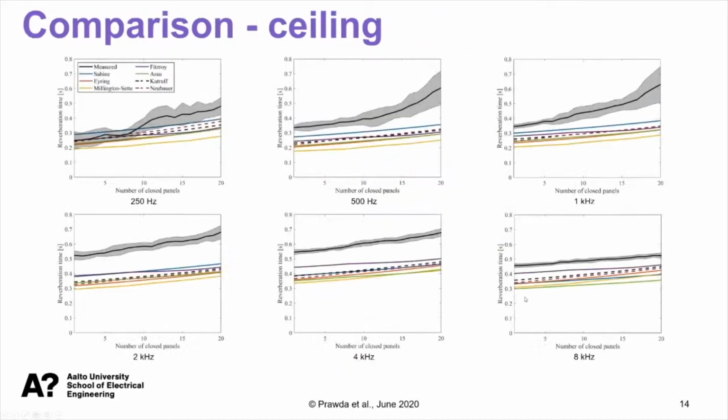So you can see here the full results for the 6 octave frequency bands, and the results are pretty similar to the first scenario, meaning that for the 250 Hz band, the modeled and measured values of T60 are somewhat similar, but in every other band, the modeled T60 values are much lower than the measured ones.